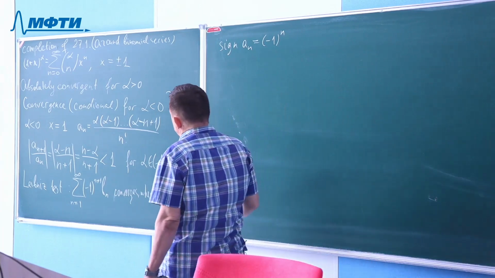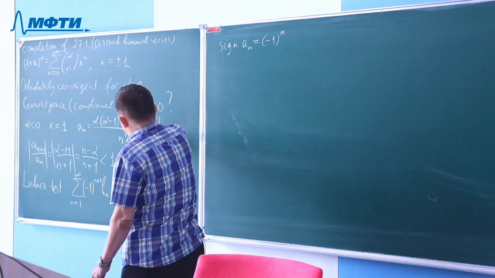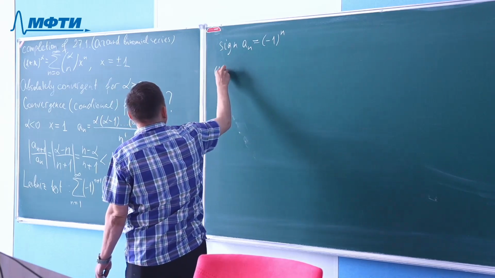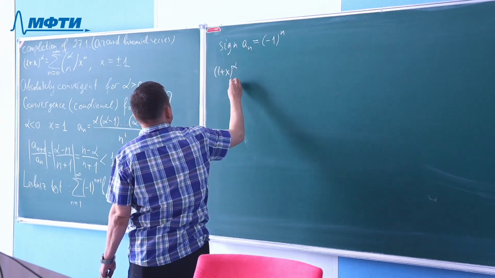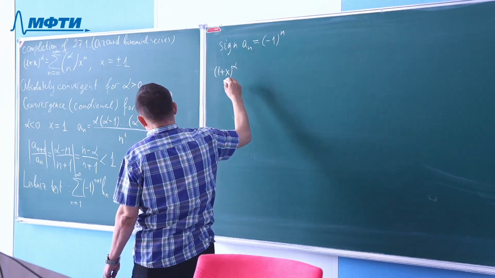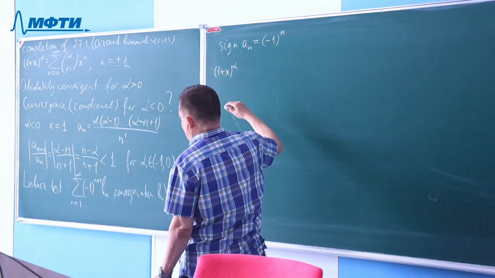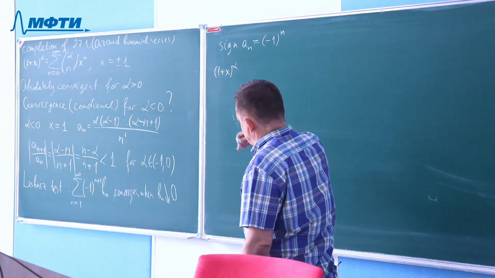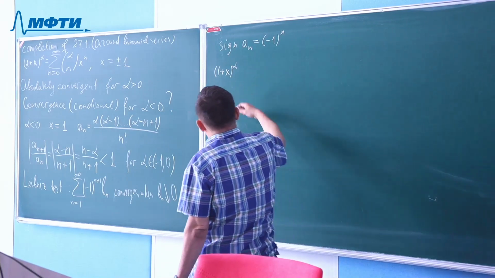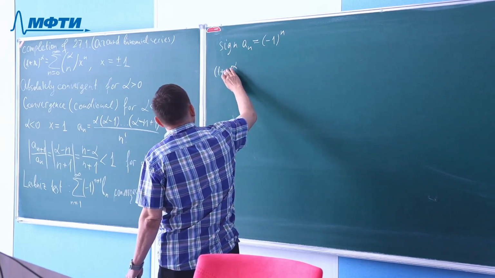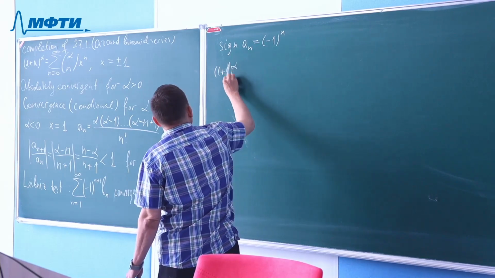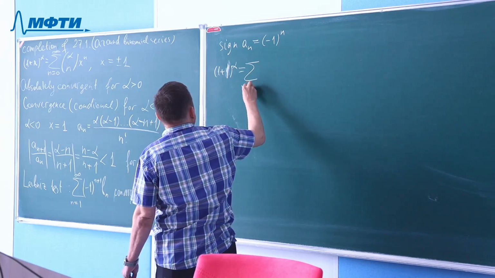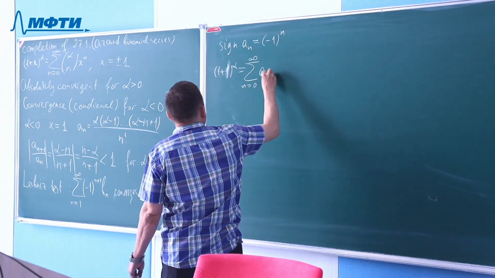So for x equals 1, our binomial series is, in fact, I considered it, but I want to recall what happened. So (1 plus 1) to the power alpha equals the sum for n from 0 to infinity of An.